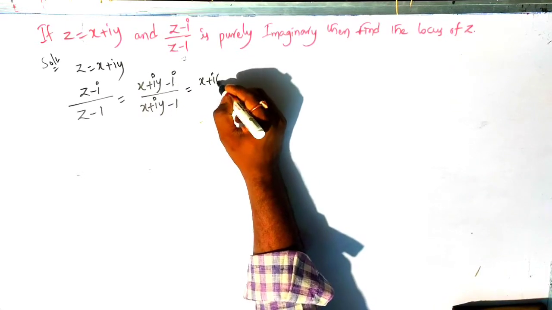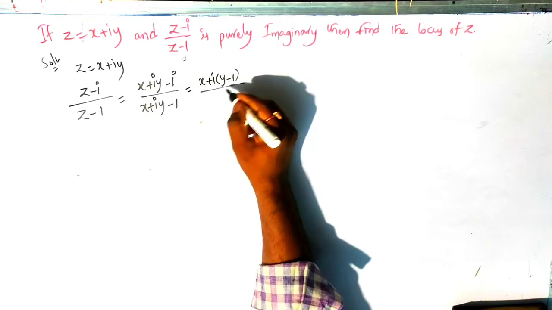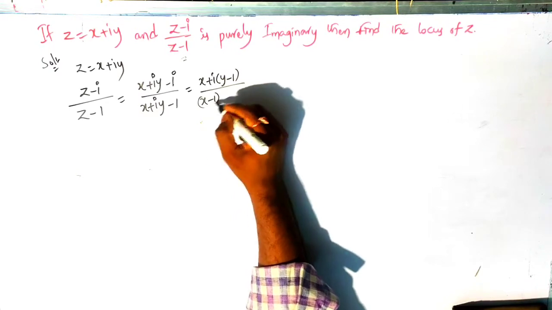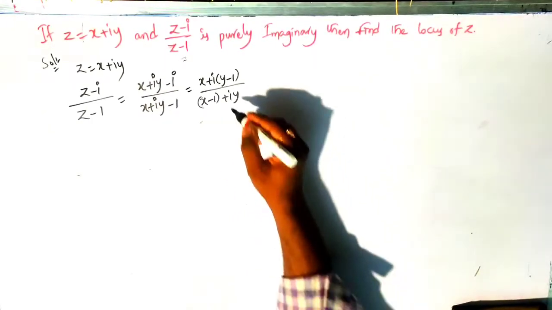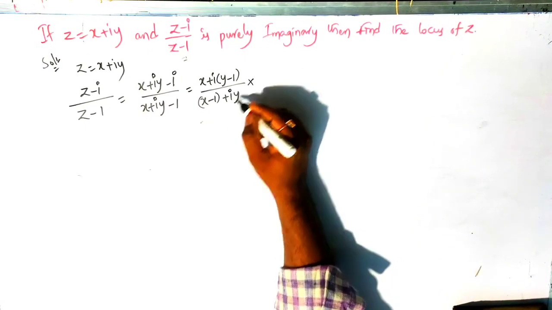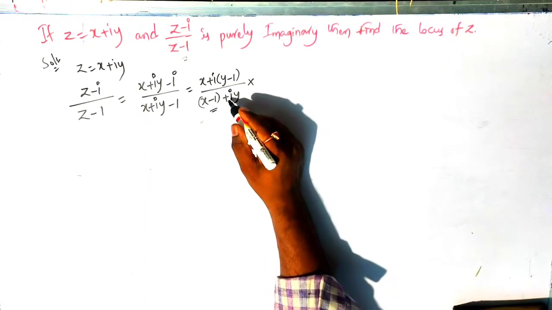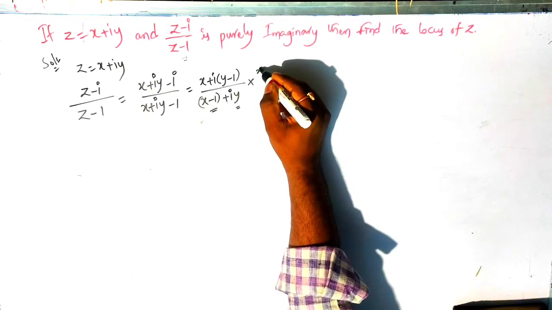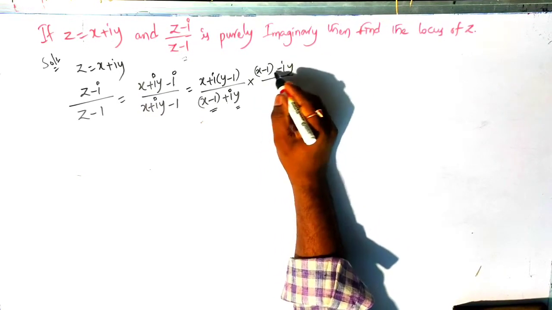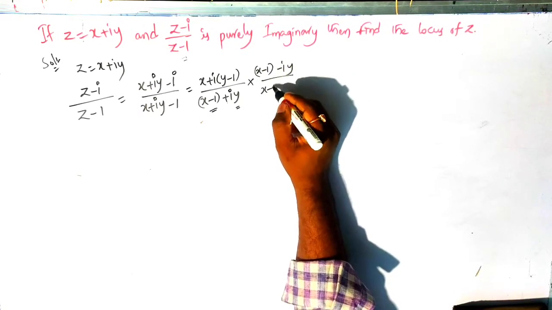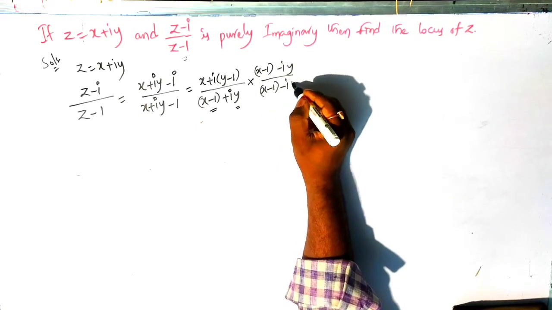So take common i, we get y minus 1 divided by x minus 1 plus iy. In the denominator a complex number is there, so by using rationalization, multiply and divide by x minus 1 minus iy.